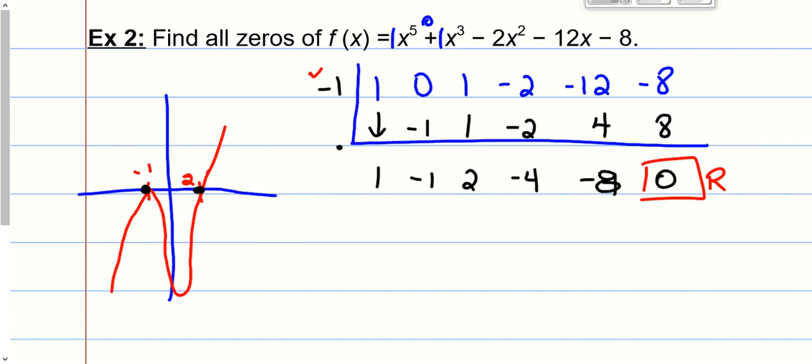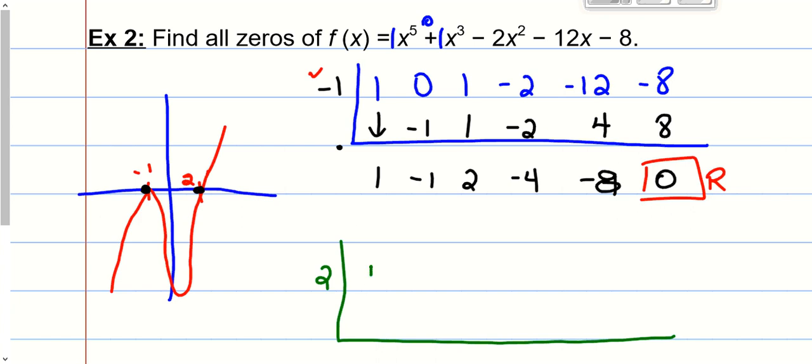Now, what we're going to do is instead of starting back over, we're going to take these numbers right here and do synthetic division again, but with that 2 right there. So we're going to use the 2 and draw a new synthetic division using the answers.